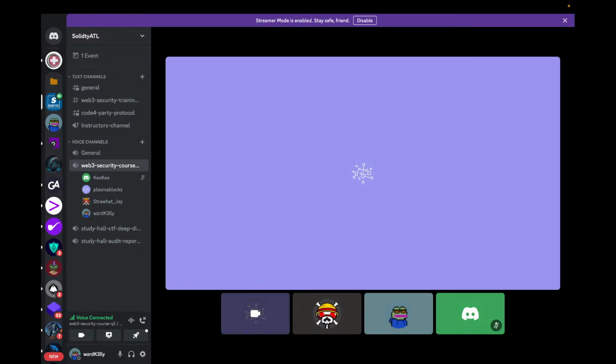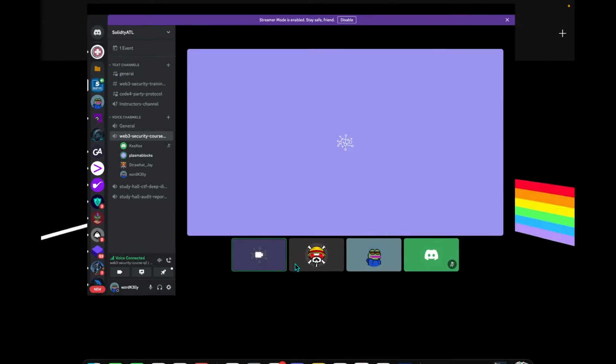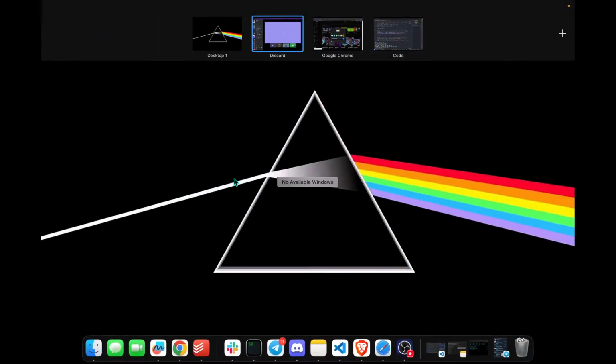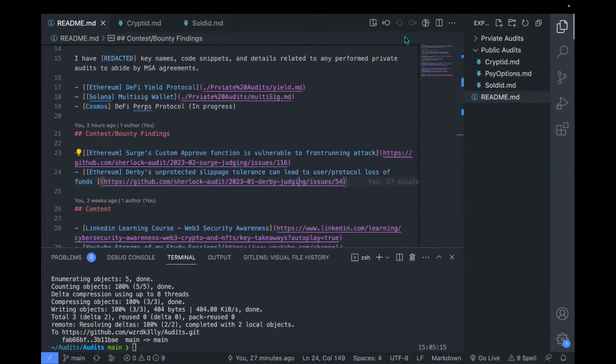I wanted to find one that had some lows and gas optimizations as well, just to show the full range. If you know any good ones too. Let's see. I think when I first started, I was looking at one.